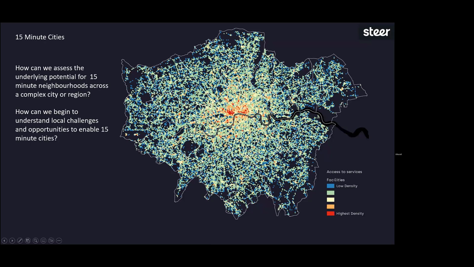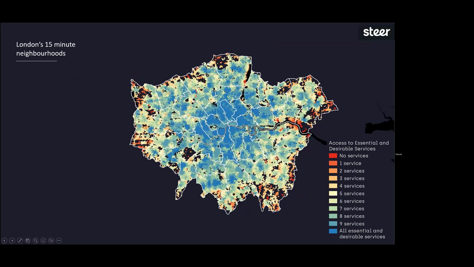So the next slide should, as long as it updates, show us what London's 15-minute cities look like based on the services that we've assessed. Anything in this map which is highlighted the darkest blue shows locations which can reach all the services that we assessed, moving down to red where there are no or limited services available.